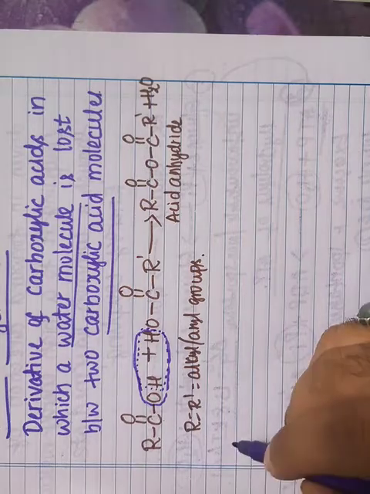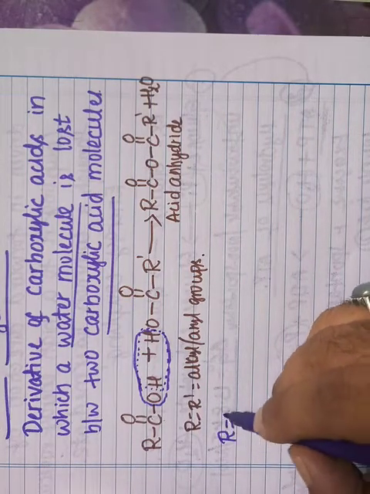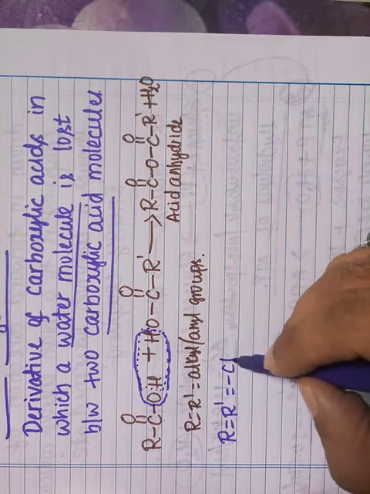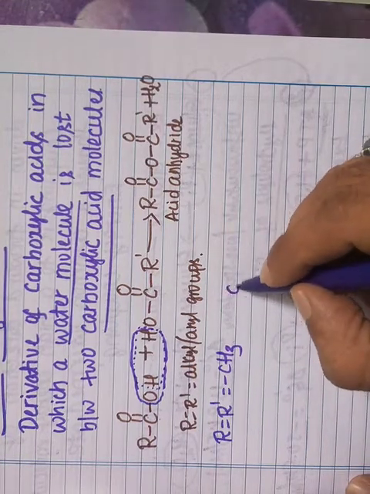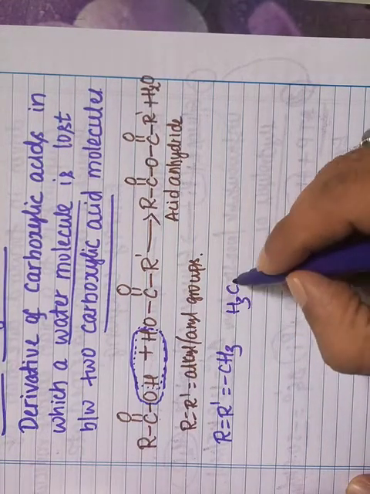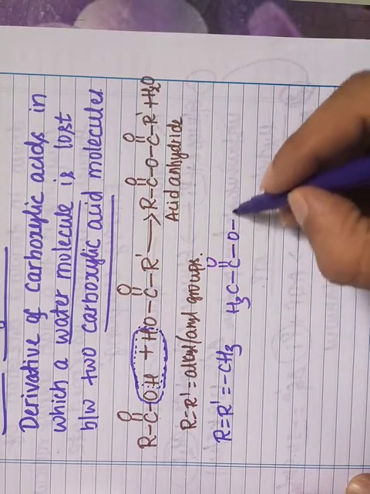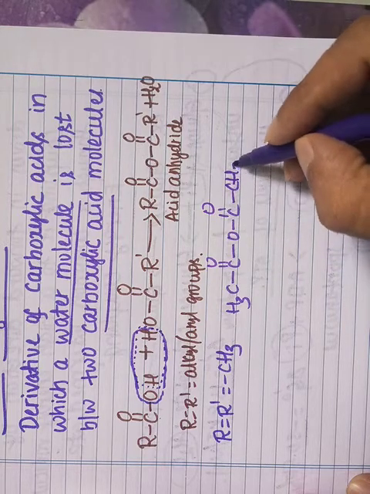Okay, so let us write some examples. If R and R dash are equal to the CH3 group, then the acid anhydride is CH3 CO O CO CH3.